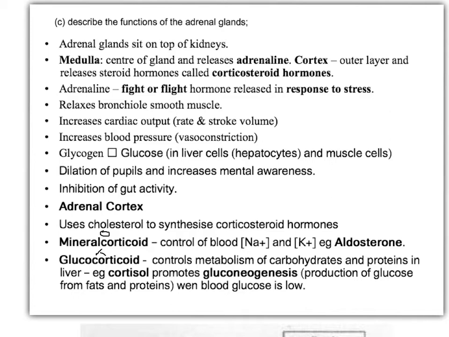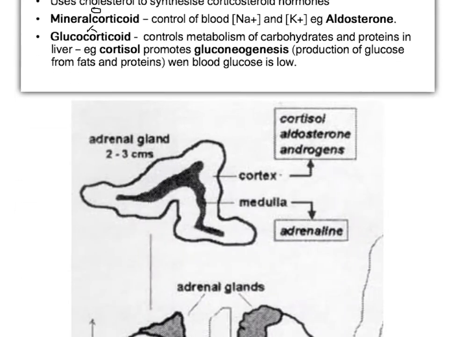As well as mineralocorticoid hormones, there are also glucocorticoid hormones, and the example you should know is cortisol. Cortisol raises blood sugar levels at times of stress by activating a process called gluconeogenesis, which is when fats and proteins are broken down to produce glucose. That happens when blood glucose levels are low. So just a few diagrams to show you.